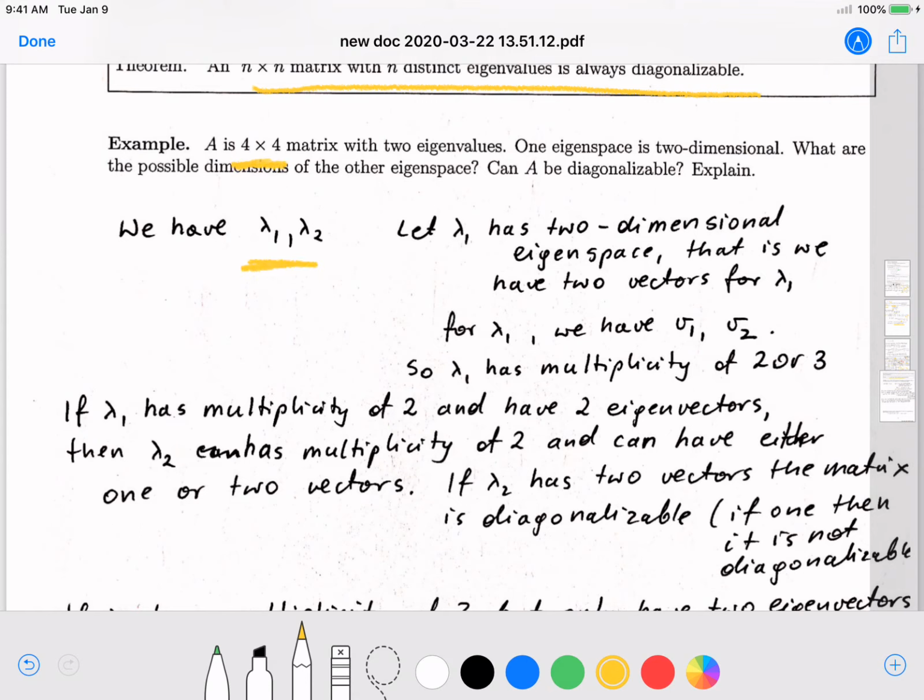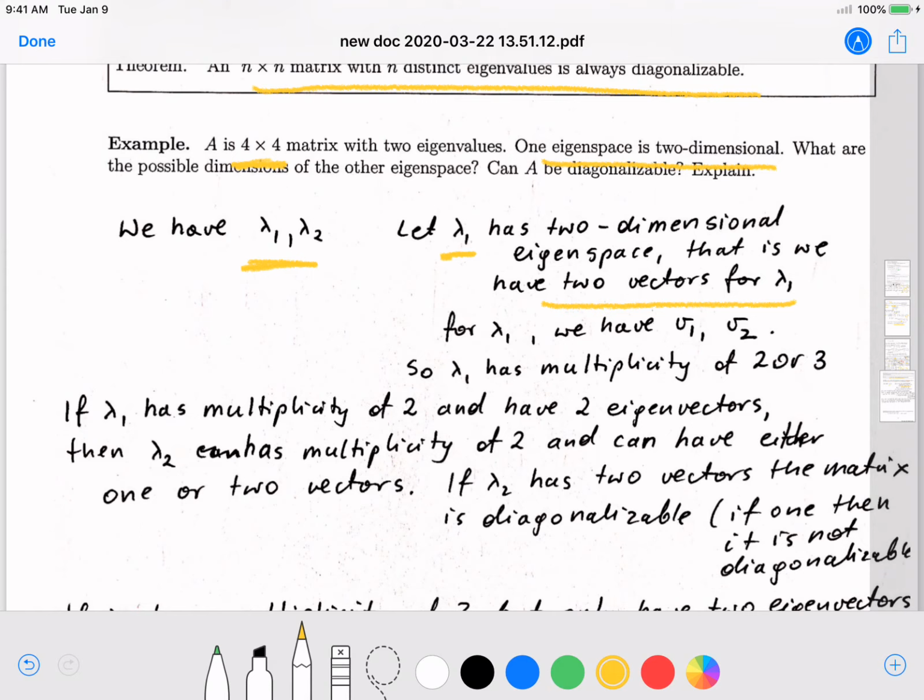That means they have multiplicities, right? They said one eigenspace is 2-dimensional. So that means I have 2 eigenvectors. But the multiplicity could be 3, right?